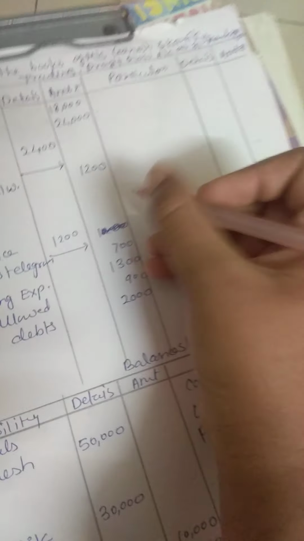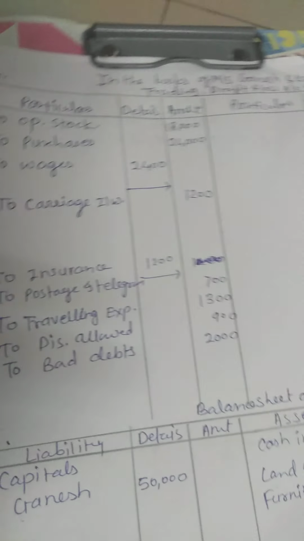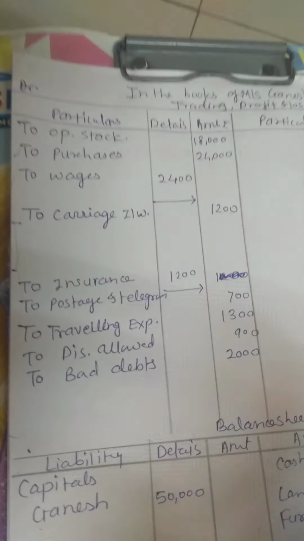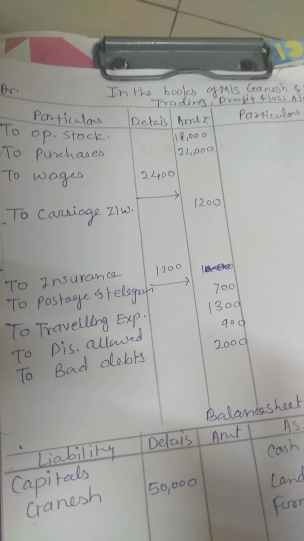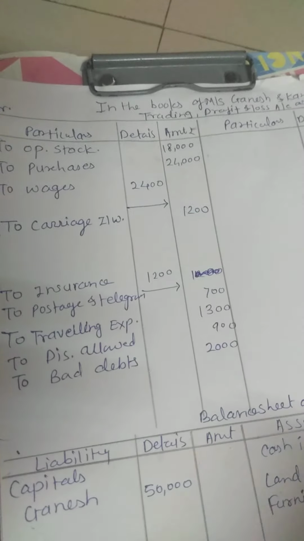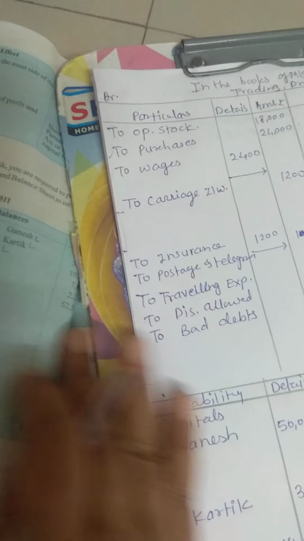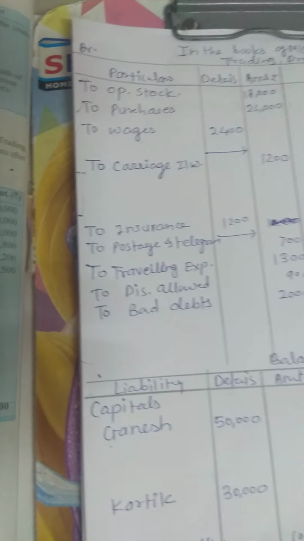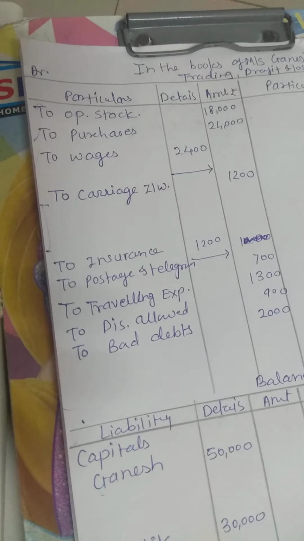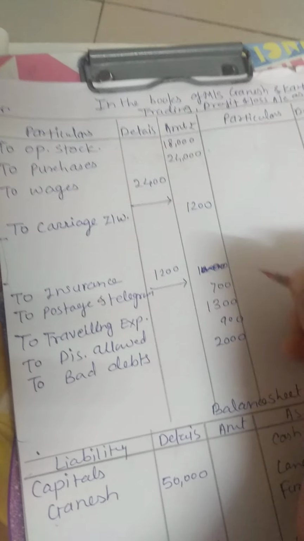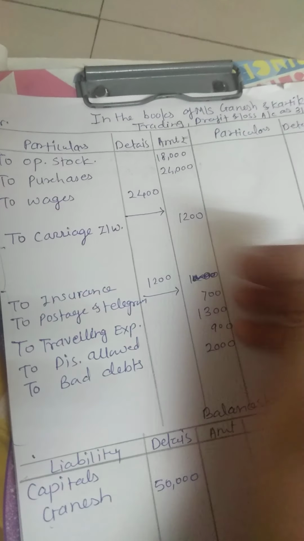And rent received. See students, we already discussed that profit and loss account is a nominal account, and in a nominal account the debit side always records expenses and losses, and the credit side always records income and gain. In the given trial balance, rent received is the income of that partnership firm, that means Ganesh and Karthik received rent of rupees 2,200.